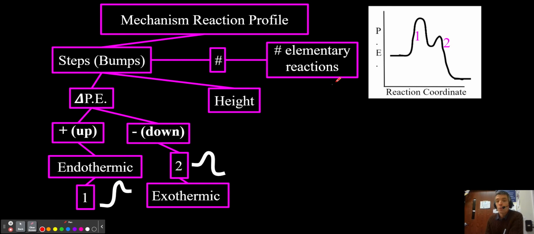One other important feature of these hills is the height. The height of the hill is this, here and here. It's also sometimes represented with arrows. That's how I'm going to represent it. I'm going to draw them in a moment. There they are.